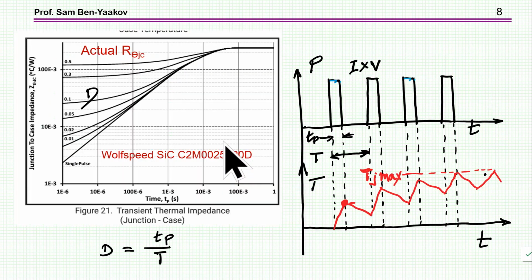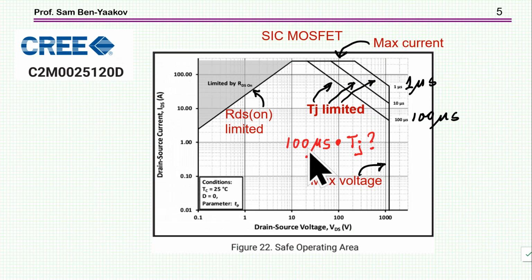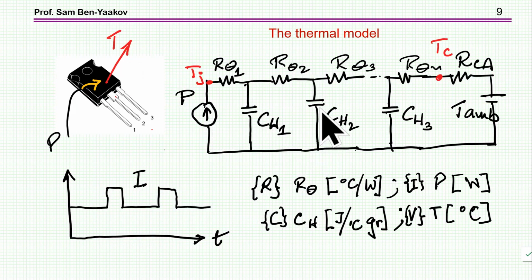You cannot get it from here, and you cannot get it from here. This is just the limit for a single pulse, and here you get a temperature for a train of pulses, not any arbitrary current profile. So you need this equivalent circuit.